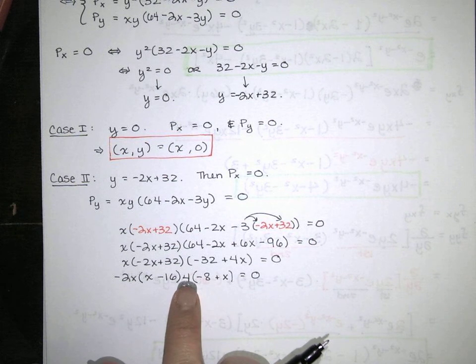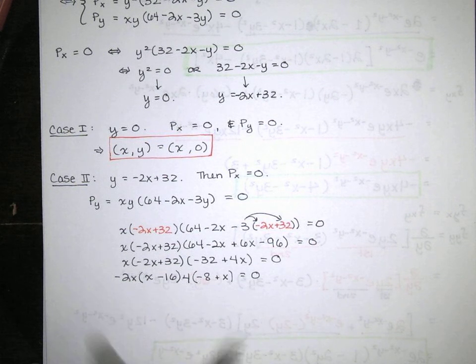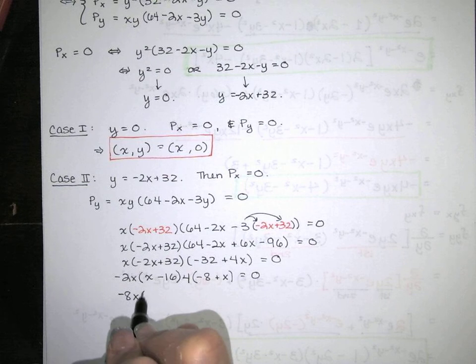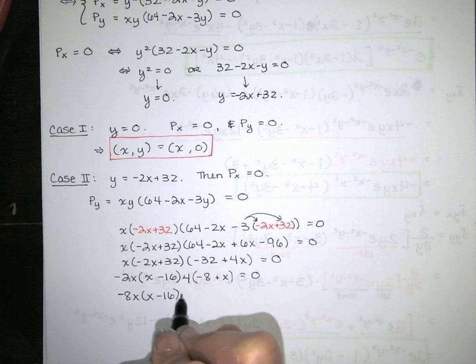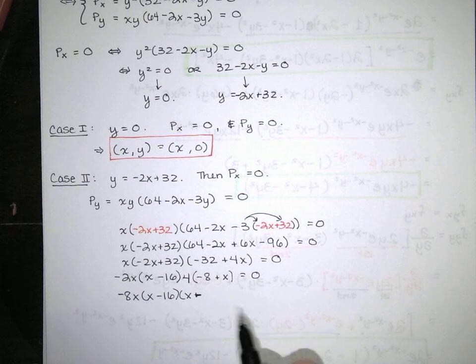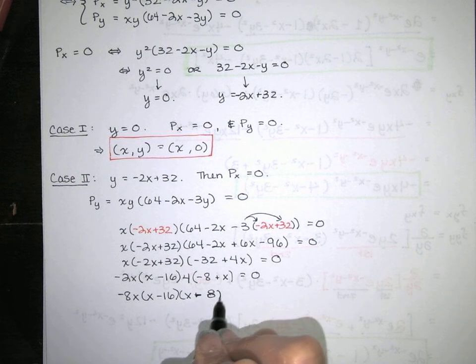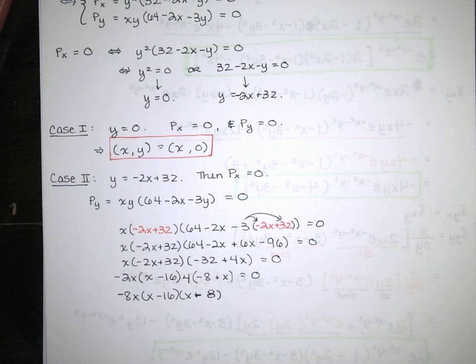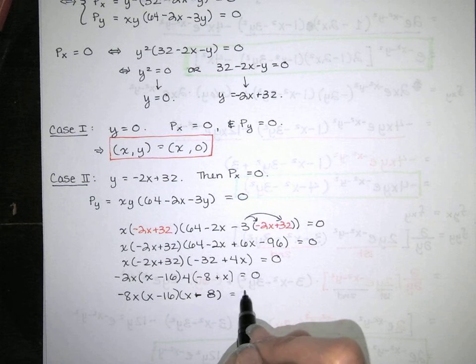And multiplication is commutative, so I can take that 4 and multiply it by this negative 2x. And that's fine. And I'll change the order over here, because addition is commutative with real numbers. Negative 8 plus x is the same as x minus 8.